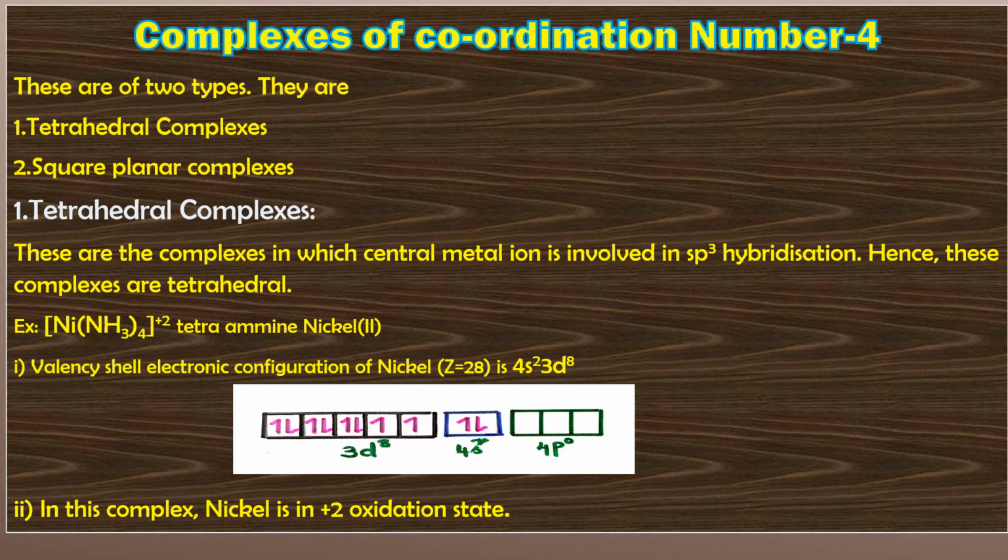You all know how to determine the oxidation number of the central metal atom. I have taught you in the previous classes; you can go through those videos once again if you want. In this complex, nickel is in the +2 oxidation state.